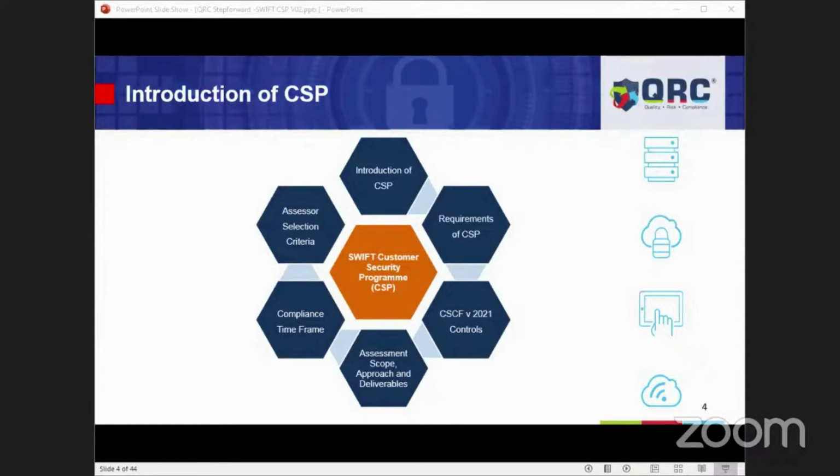So definitely we need a very strong and robust framework and some guidance to follow, so that we can assure our end users, the community, that the data is protected. And whenever we do any specific transaction, the transaction data is always secured, and no one can play with the data. They cannot alter or modify it.